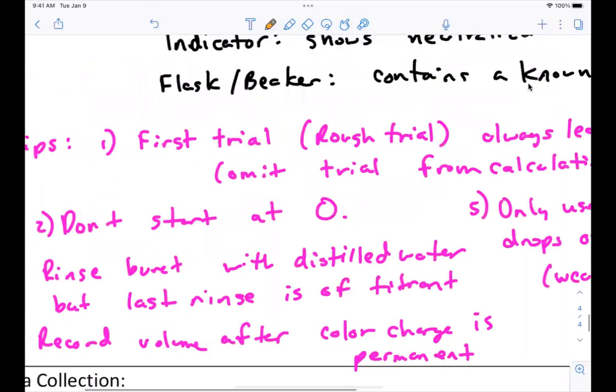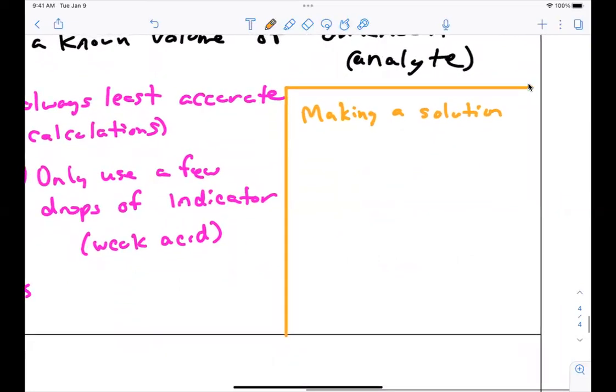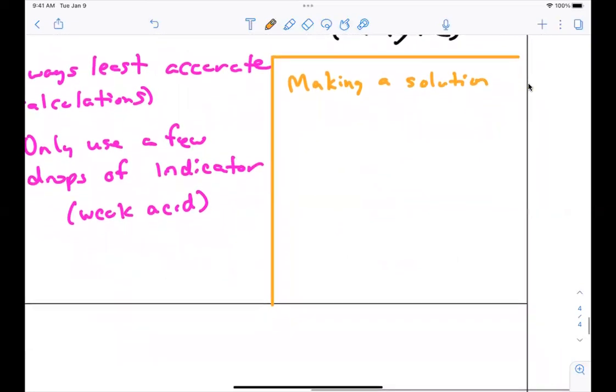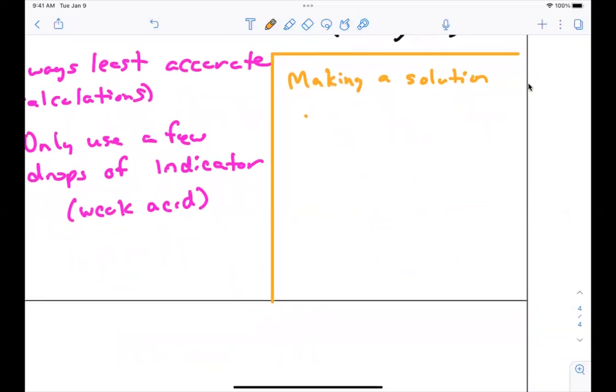Making a solution. Sometimes for the titration problems, they'll ask a student to outline how to make a solution. And so the key things you want to say, okay? What type of glassware do you make solutions in? Nope. Close. What type of flask? It's called a volumetric flask.